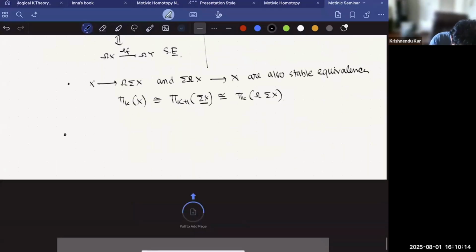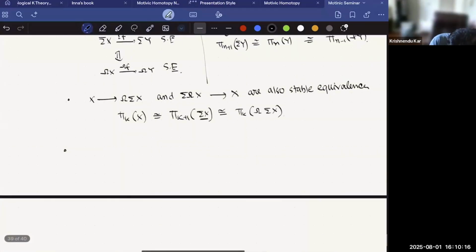Another corollary is your homotopy fiber and co-fiber sequences coincide. This is the corollary that you wanted.